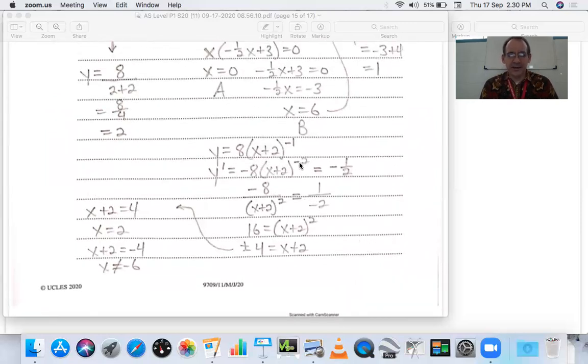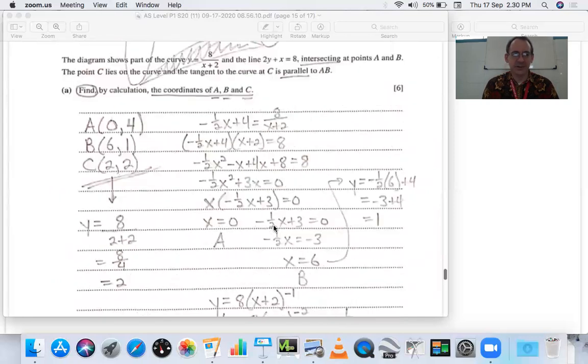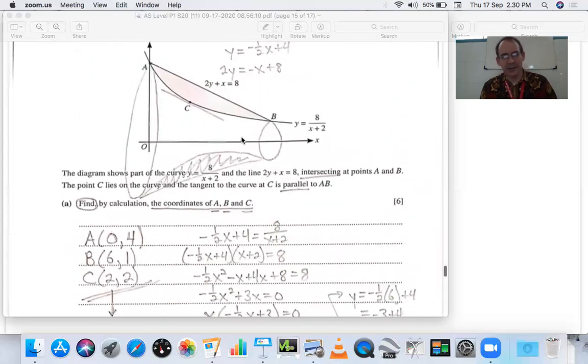Again, the negative 2 means it's on the denominator. Cross multiply, solve for x, and you get x either equals 2 or negative 6. Well, x can't be negative because we're on the positive side of the x-axis.